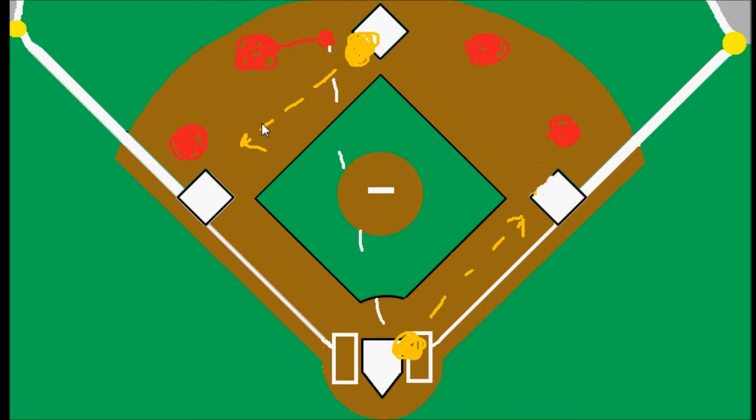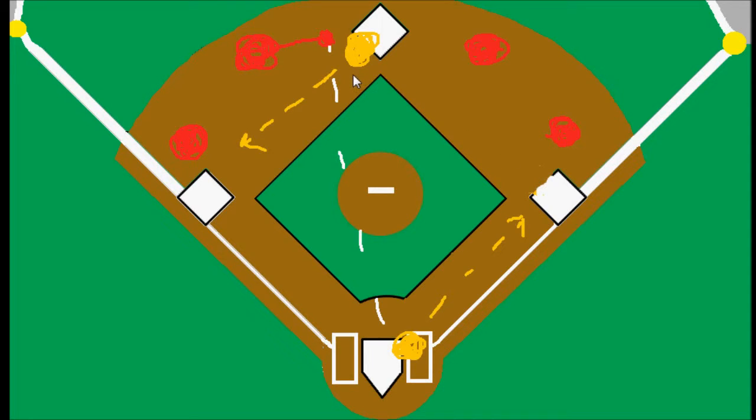Remember, originally, if the shortstop got the ball, he could have thrown it to third base because that would have been a force out. But because the runner who was originally on first base is out, he's basically gone.